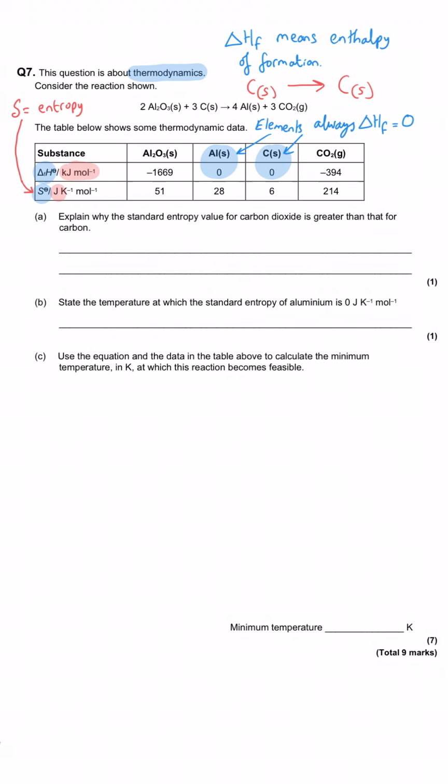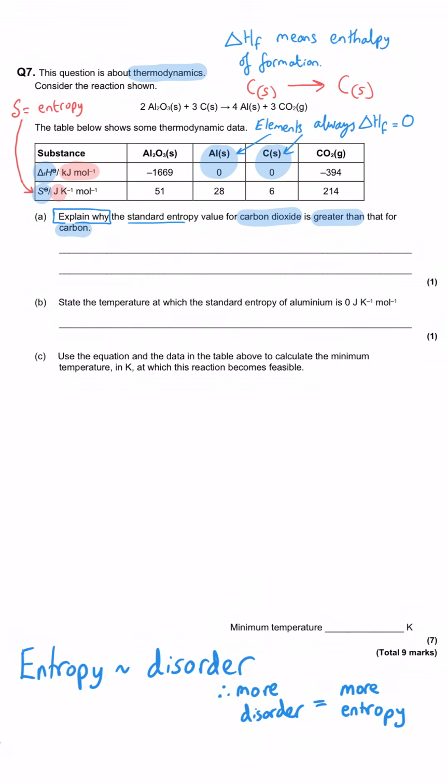need to solve later. Part A says, explain why the standard entropy value for carbon dioxide is greater than that for carbon. This comes down to the state symbols. Entropy is almost synonymous with disorder. Not quite, but you can think of it like that. And so the more disordered something is, the more entropy it will have.